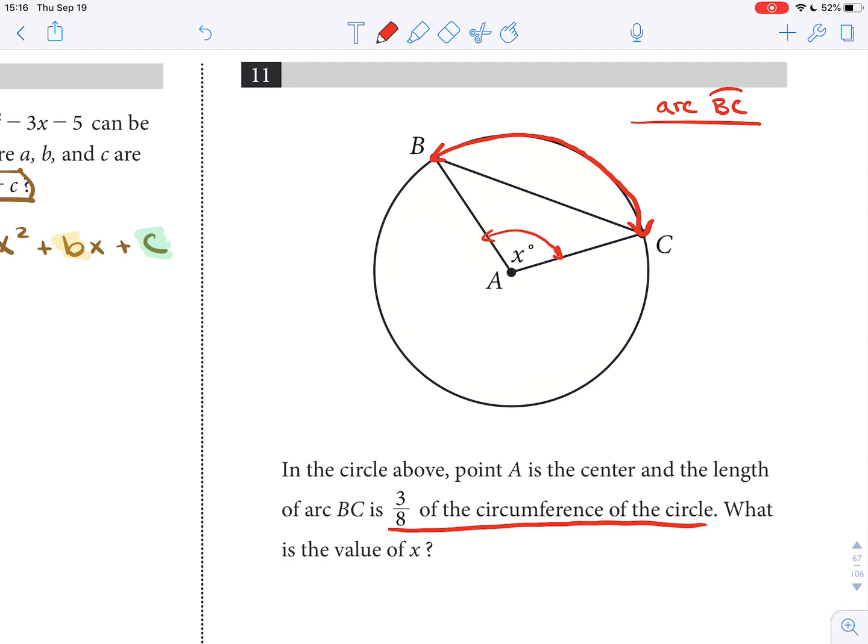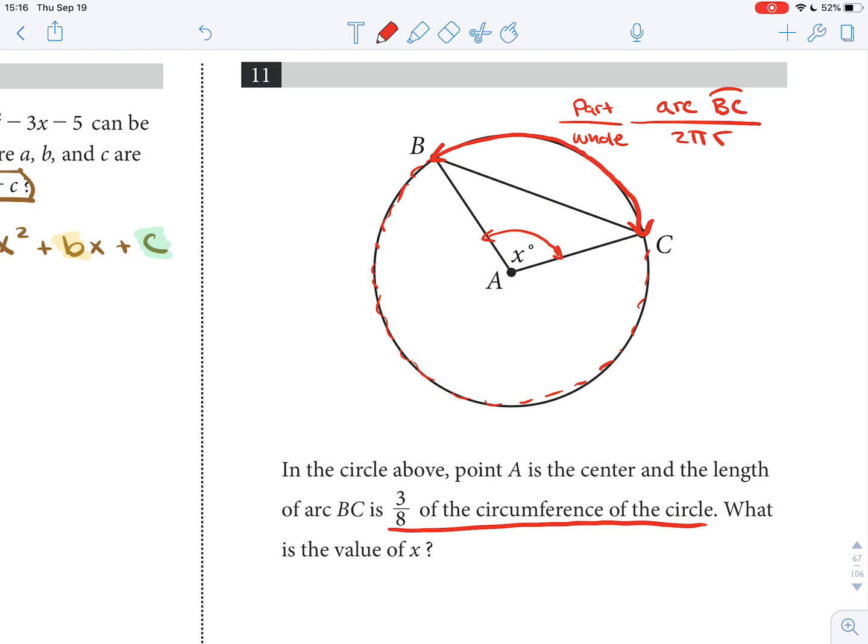If you listen to any of the ACT stuff that we did, this is just going to be a part to whole style ratio. So the arc is the part, and the whole is the circumference, which is just going to be 2 pi r.